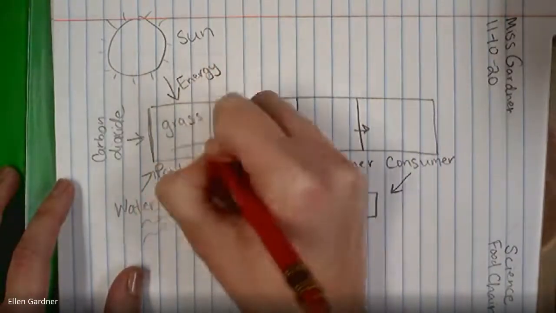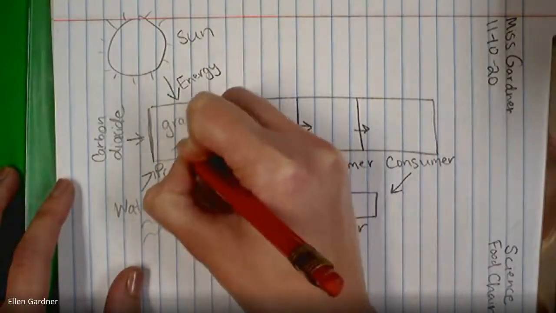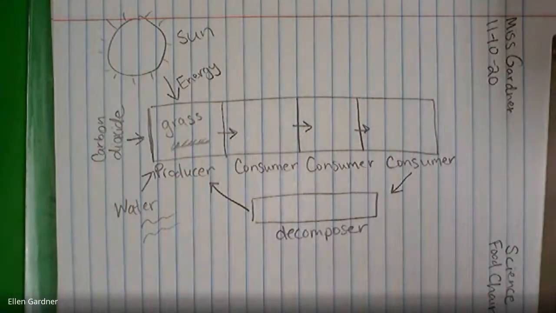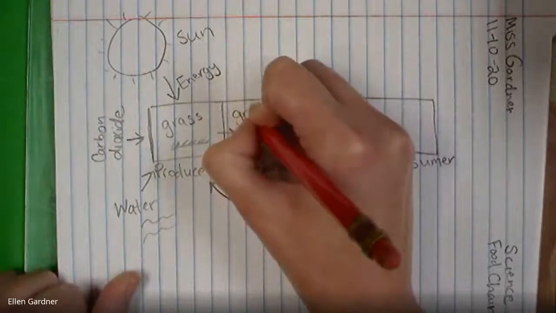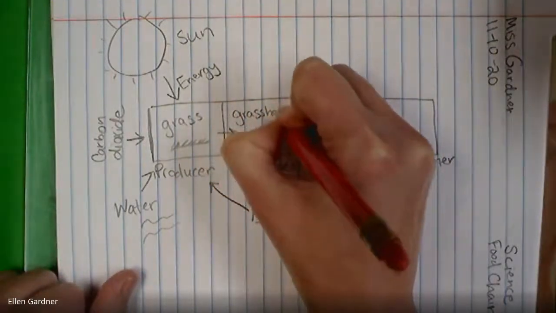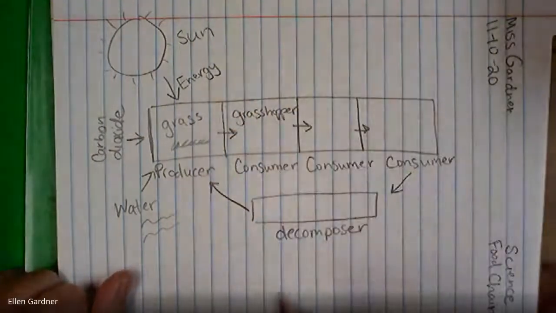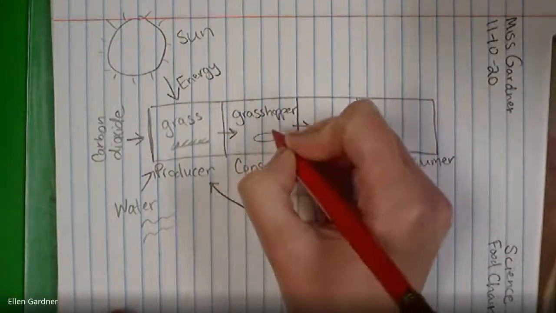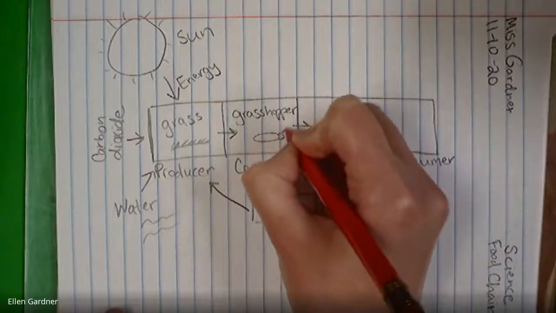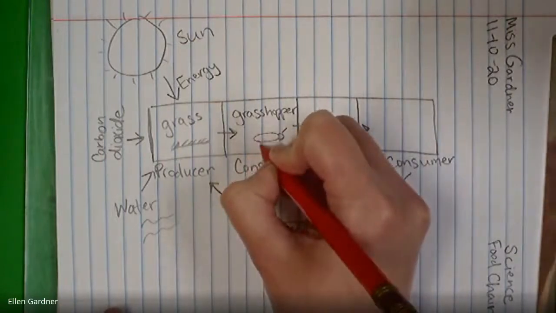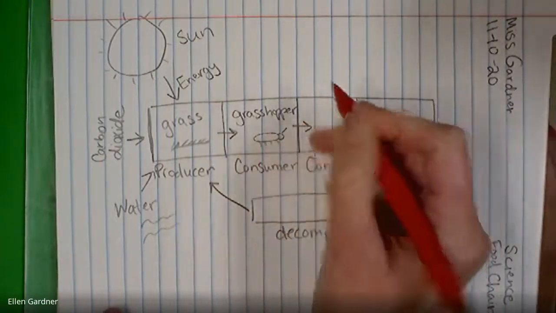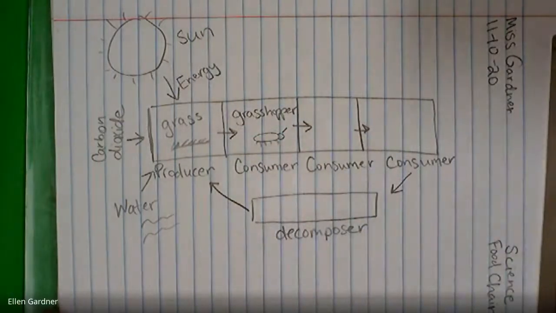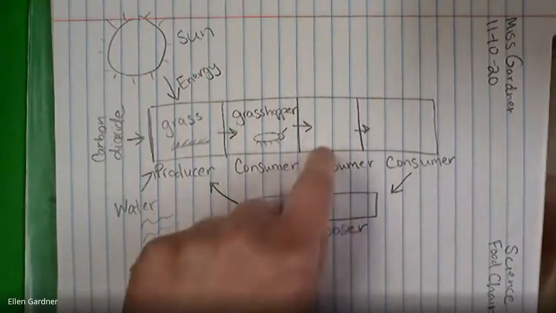You could draw a picture of some grass eaten by a grasshopper. You have a little grasshopper with its little legs. Try to make them springier if you can. There's a little grasshopper. And maybe it's eaten by a bird.